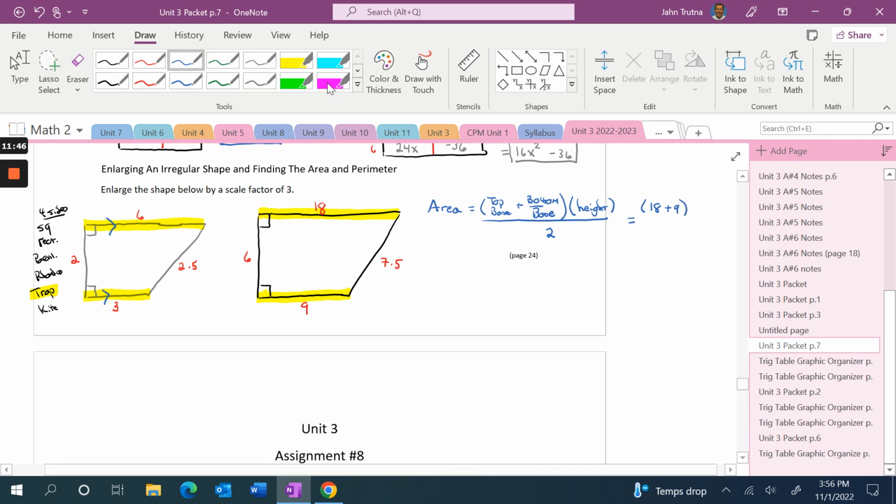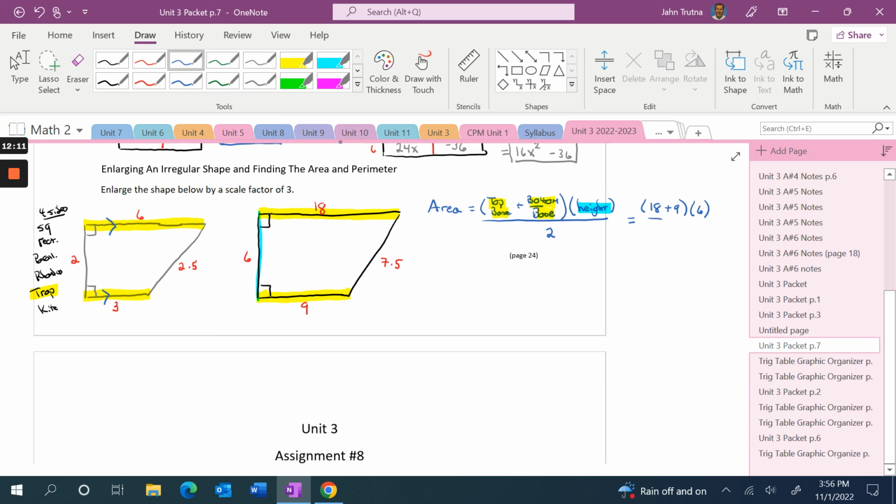Then the height is always the line that connects the two bases at a 90 degrees. So your height is going to be that line right there, which is 6. Okay, so there's your height, 6, right there. And I'm kind of shading in what we know. And then I'm going to divide that answer by 2 to find my area.